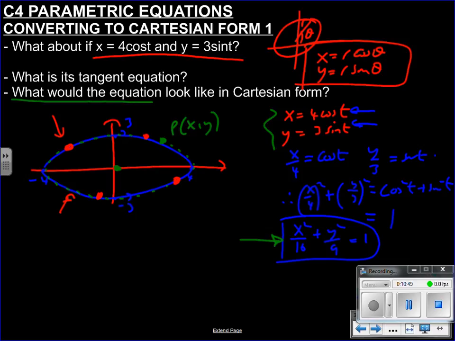So we've done what the Cartesian form would look like, but like I said, if you've got an equation in parametric form, it's in that form for a reason. It's the most elegant or neat way to describe a circular function.